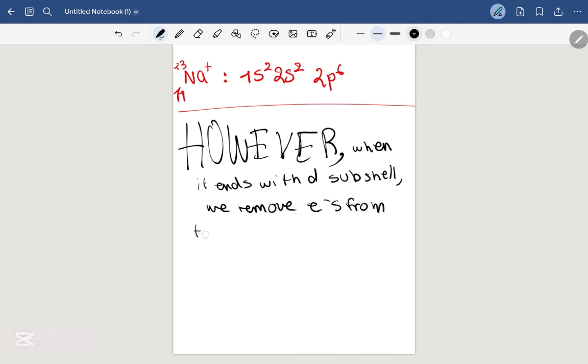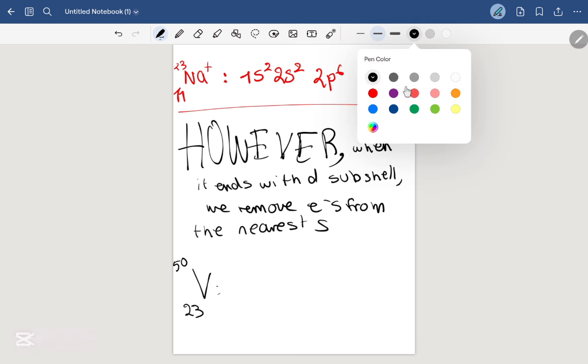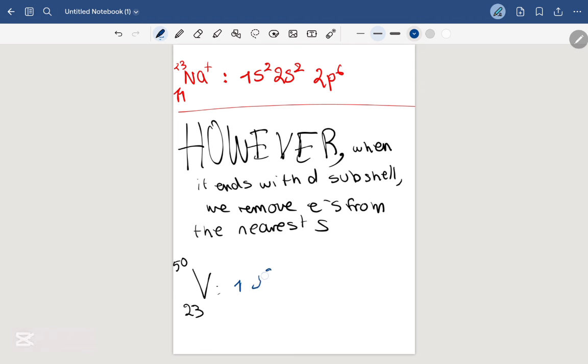So let's take an example, vanadium, V, which has an atomic number of 23, and a mass number of 50. Perfect. Let's do its regular configuration, which is 1s2, 2s2, 2p6, 3s2, 3p6, 4s2, and 3d3. Perfect. But now, this is bugging me.